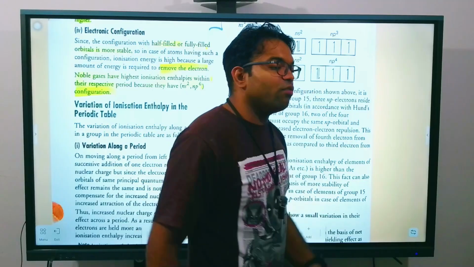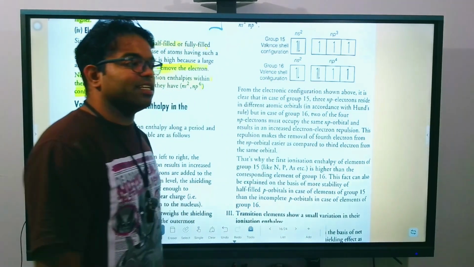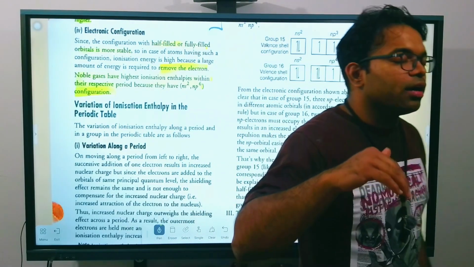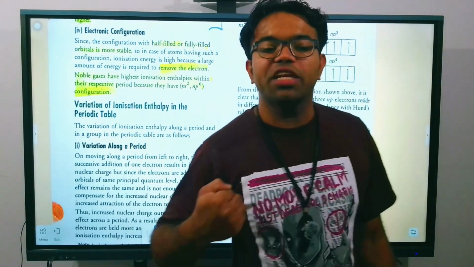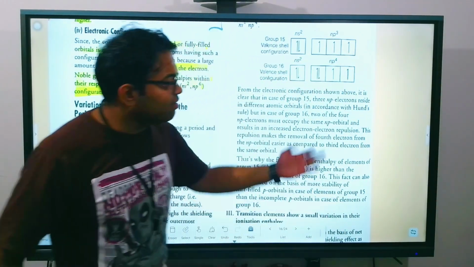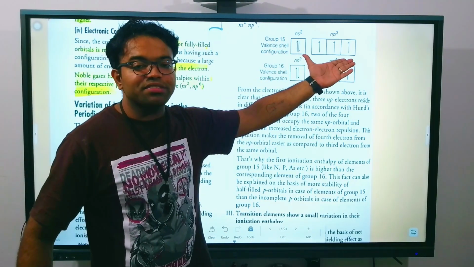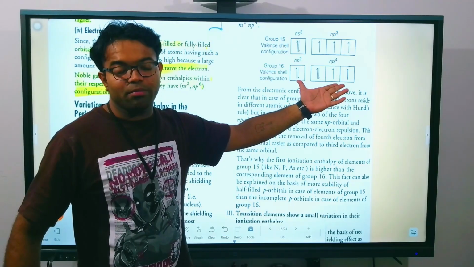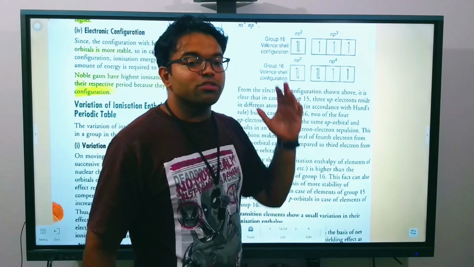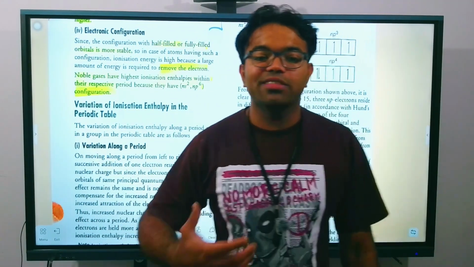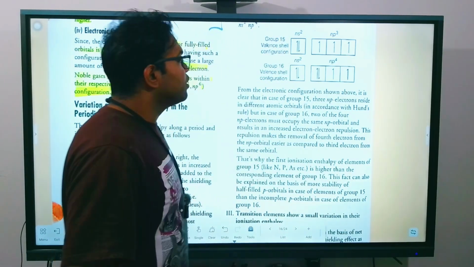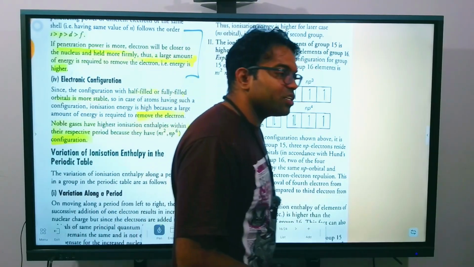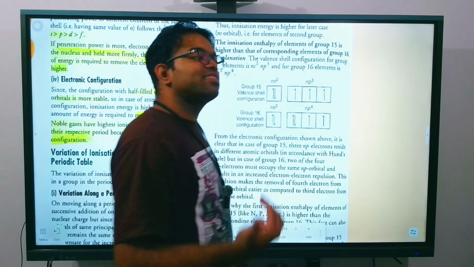That is the reason why, when we go from 15 to 16, there is a small reduction in the ionization enthalpy, because in group 15 you already have a stable state, but in group 16 it is no longer half filled. So you're not destroying the half filled stability of an atom. Understood? That is why 15 has a higher ionization enthalpy compared to 16.